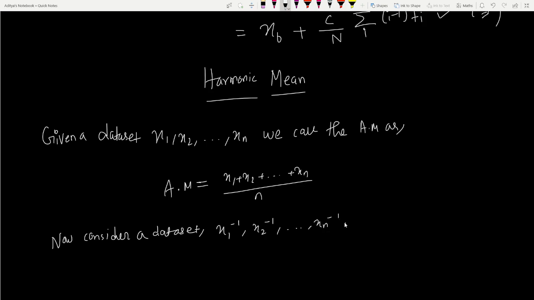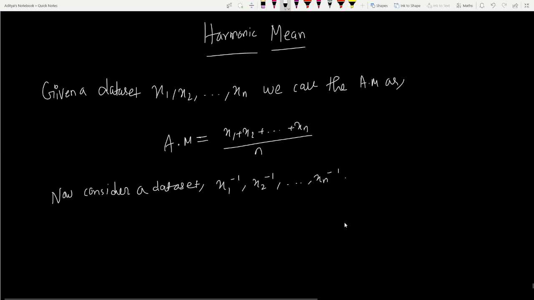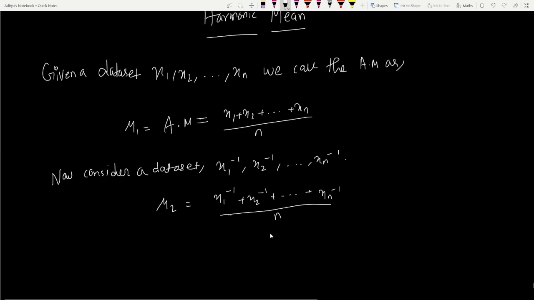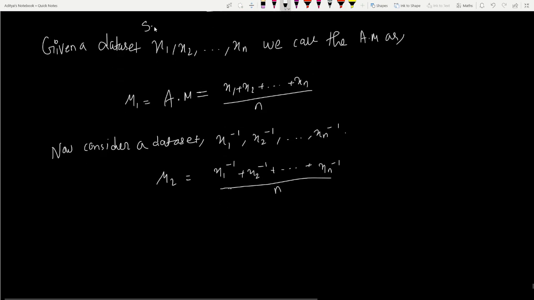So if there is a data set which has the same exact data points with reciprocals of them, then the AM of this data set, let's call this mu1, and let's call the arithmetic mean of this data set as mu2, which would be x1 inverse plus x2 inverse plus dot dot dot plus xn inverse, divided by n.